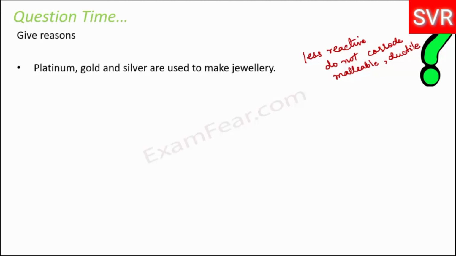So the metals need to be malleable and ductile, only then we will be able to make jewelry out of them. And last but not the least, they have very good shine, and therefore the jewelry looks very good, right? Let's look at the next one.